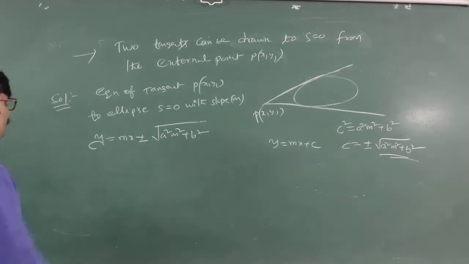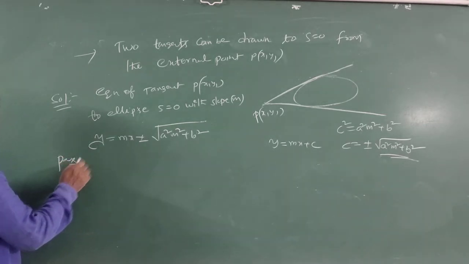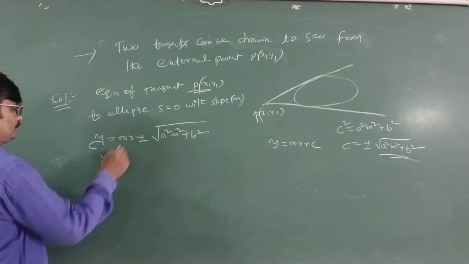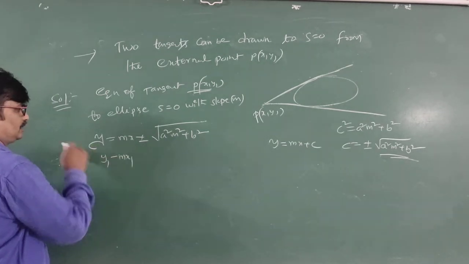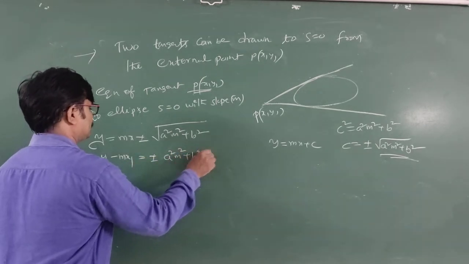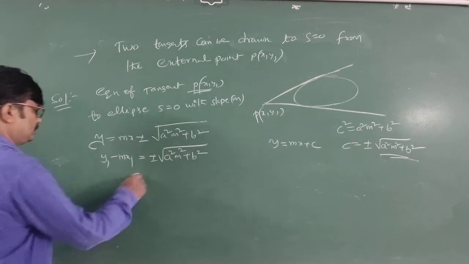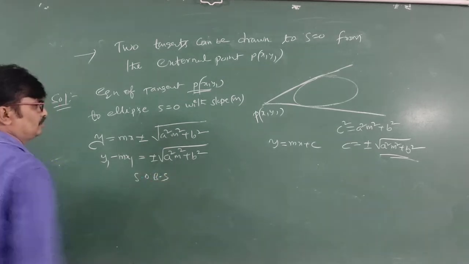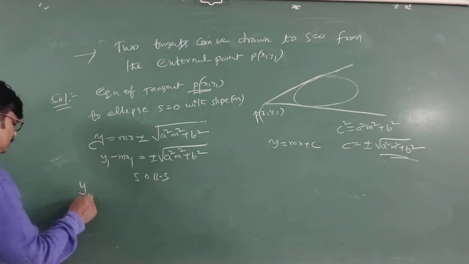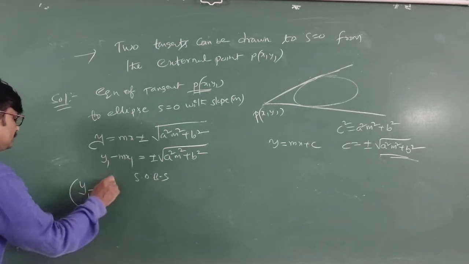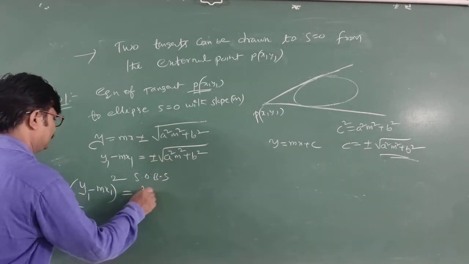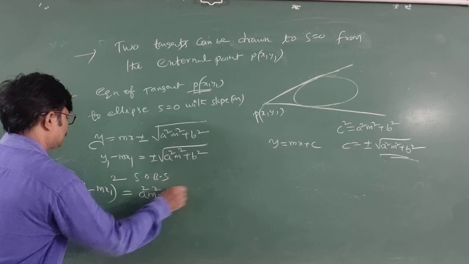So students, these are passing through x1, y1. So y1 minus mx1, sending to the other side, equals plus or minus the square root of a square m square plus b square. So students, when we square on both sides, this is (y1 minus mx1) whole square equals a square m square plus b square.